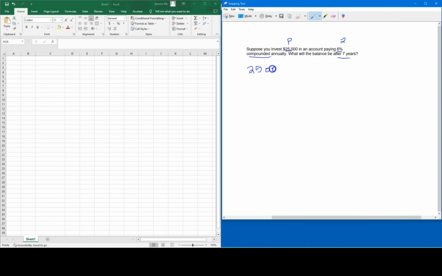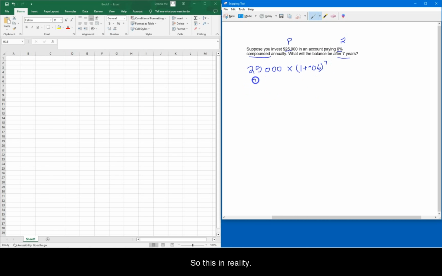All right, times the rate, which is 6%. So 1 plus 6%, and in terms of percent we would write 0.06, right? And the number of periods we're working with is 7 years, so exponent 7.